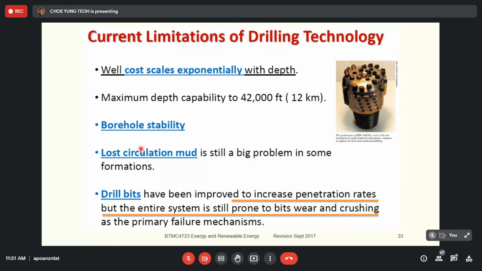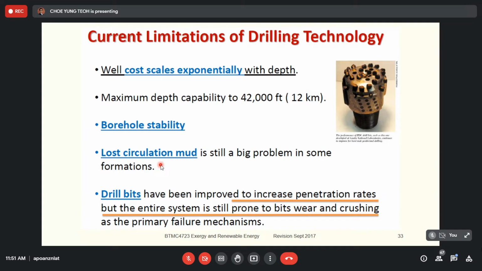Okay, and then we have lost circulation mud, which is still a big problem in some formations. This mud is actually fluid that they use to remove the cuttings during the drilling. You drill the hole, of course you have to break the rock, and you want to remove the debris, so they use circulation mud.